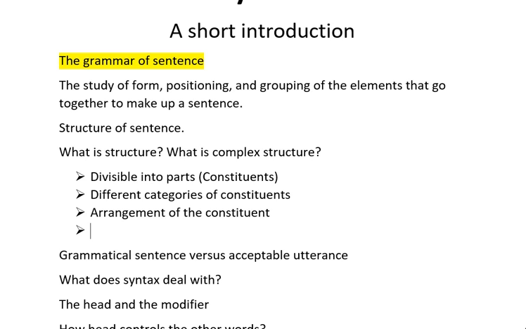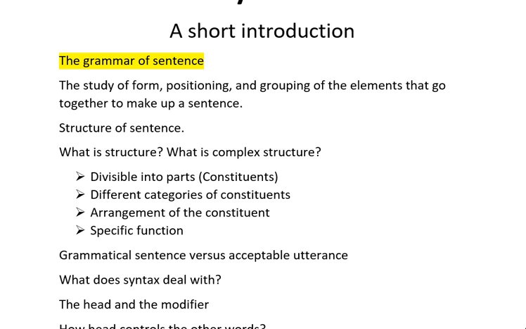And each constituent has a specific function in the structure of the sentence. So that is how we call structure complex, because if we talk about a sentence, we can divide it, and each part has a different category, has been arranged in a different manner, and has a specific function.